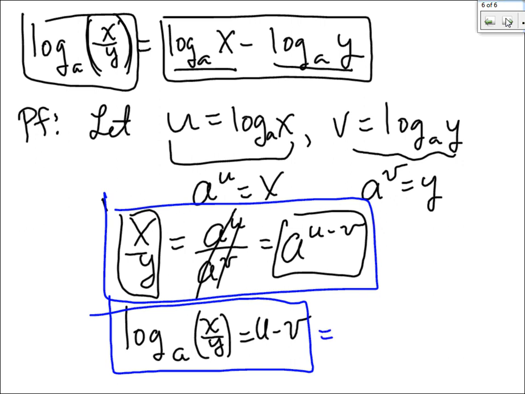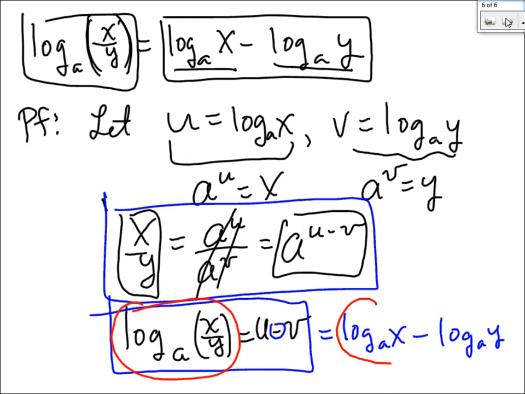Now u is log base a of x, minus, v is log base a of y. So I just showed that log base a of x over y is log base a of x minus log base a of y. That is the fact that I wanted to show from the start.